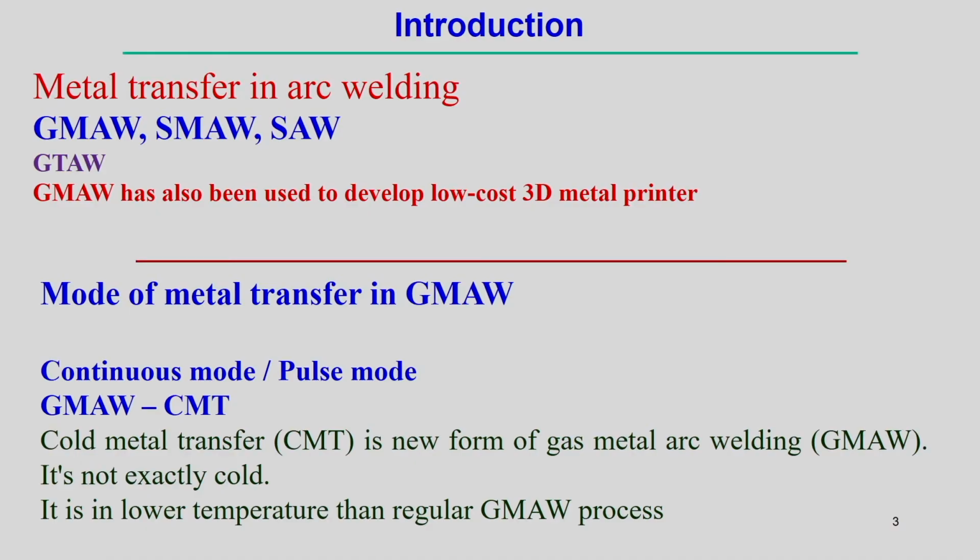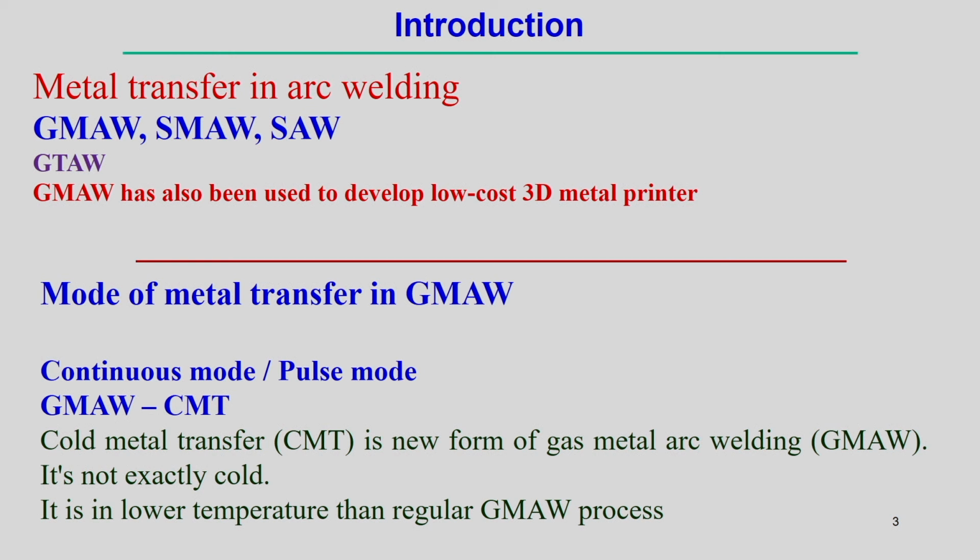Metal transfer in the arc welding process: we know the typical gas metal arc welding process is involved, then shielded metal arc welding, which normally uses a consumable electrode, and submerged arc welding. There also metal transfer happens from the consumable electrode, but the processes are different in these three cases.